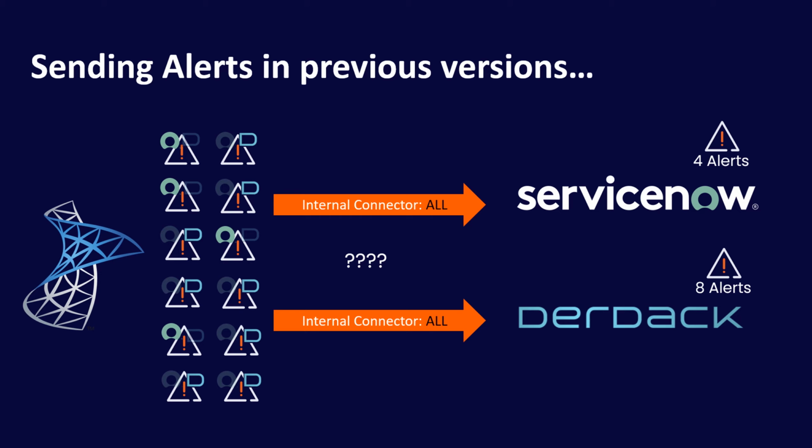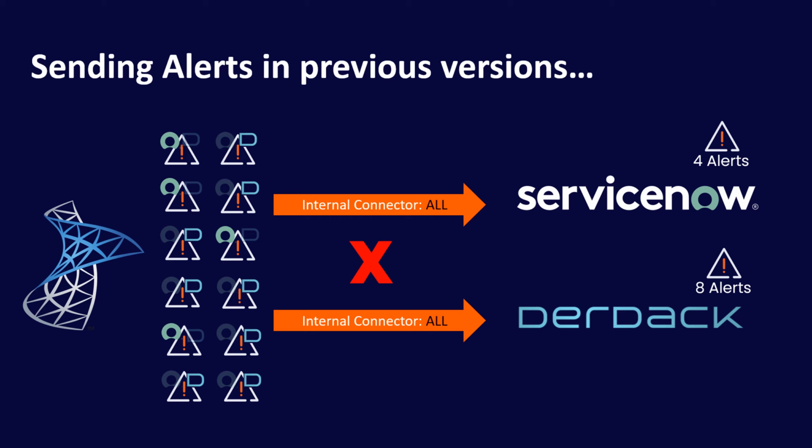It's likely you'll have a subset in one, a subset in the other, and a pile of errors in SCOM in the event log that says connector A tried to claim this alert, but connector B already has it, kind of thing. So really annoying sort of limitation of internal connectors that results in this behavior. So this ultimately doesn't work.